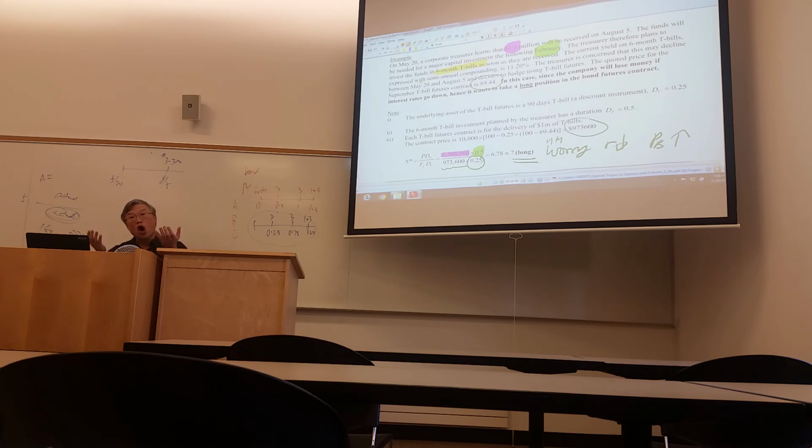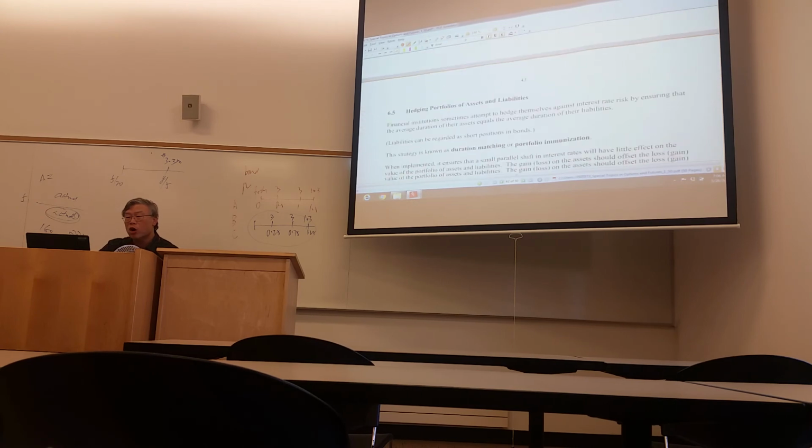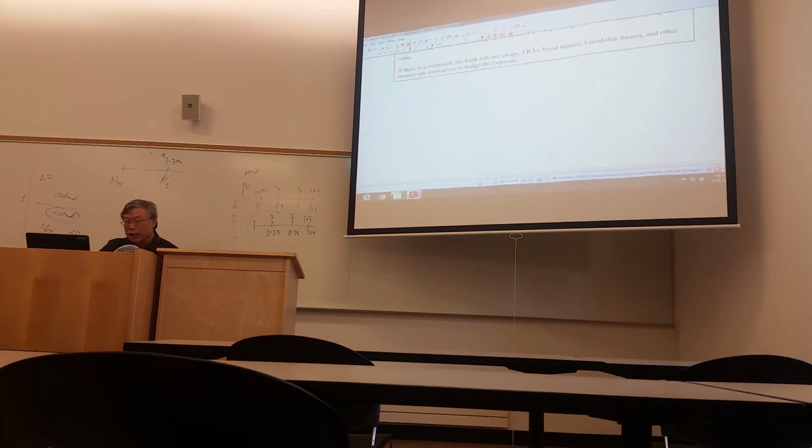But since I long the futures contract, when interest rate goes down, futures price will go up, I am going to make money from the futures contract. So this is a hedge. Okay? Is it clear? Ever seen it? So remember that sometimes we actually worry that interest rate goes down. Okay?